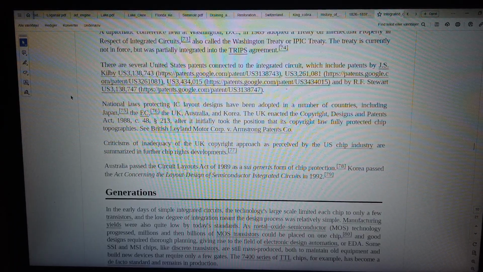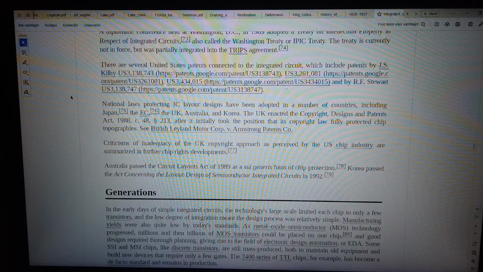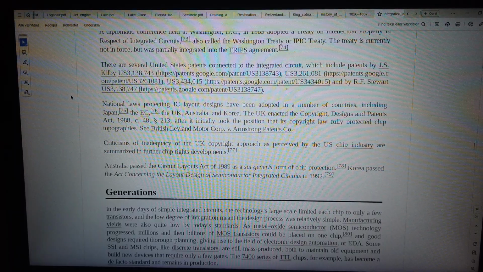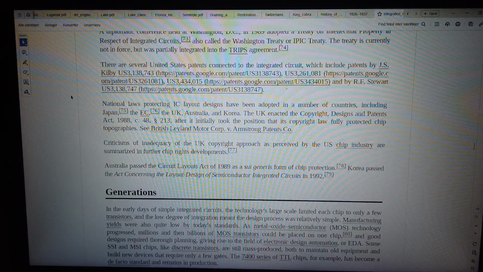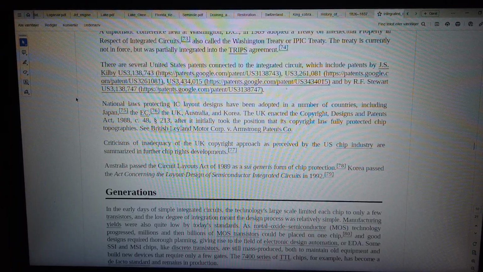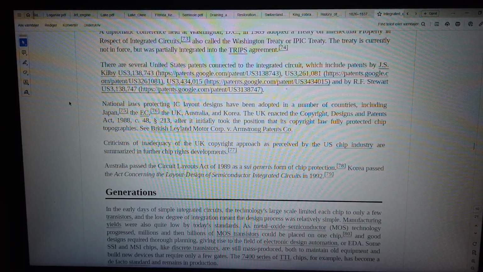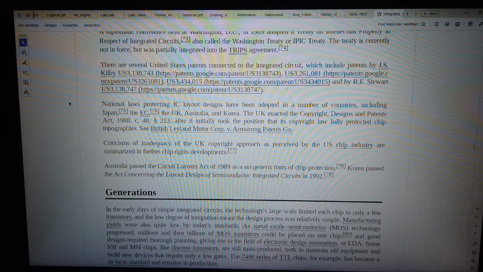The UK enacted the Copyright, Designs and Patents Act, 1988, c. 48, 213, after it initially took the position that its copyright lawfully protected chip topographies. See British Leyland Motor Corporation v Armstrong Patents Company.